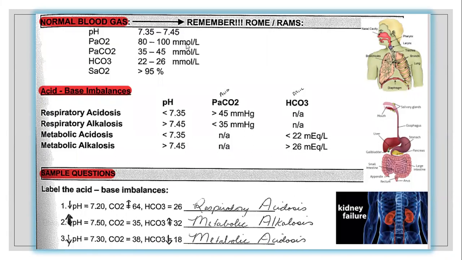So it is less than the lower normal limit, but pH is more. If pH is more than 7.45 and oxygen level is less than 80, right? What should it be?